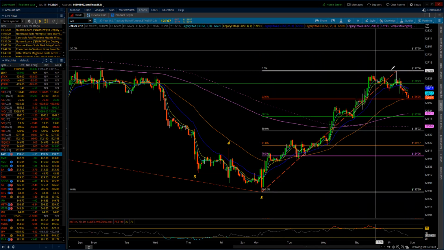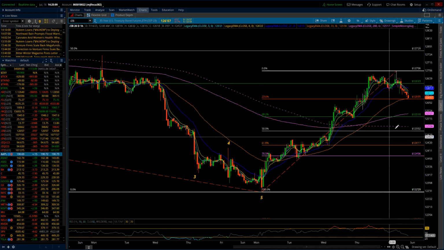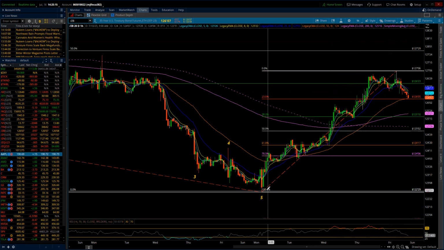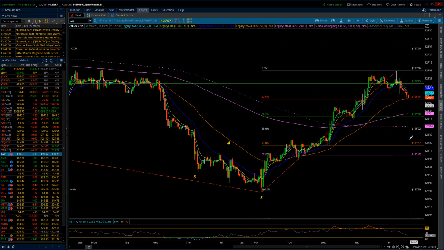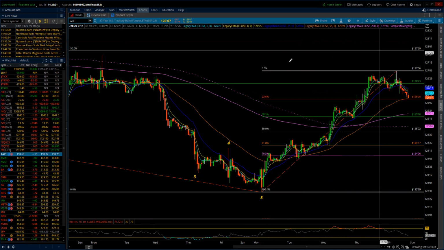Now, would I be looking for A to equal C? I hope not, because that would push it too high. But let's see what happens. I still think we're going to see a little bit of downside here in the form of an internal B wave of that minute 4. Then we get a C wave, and then we get a stronger drop.